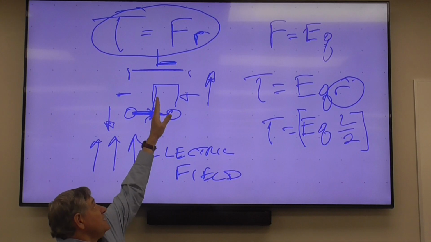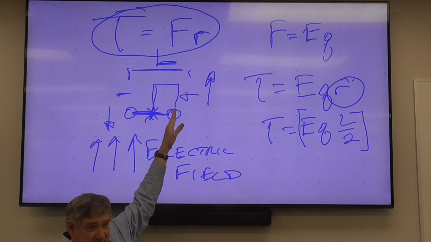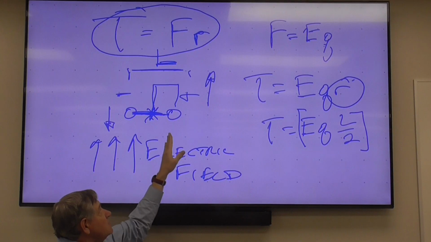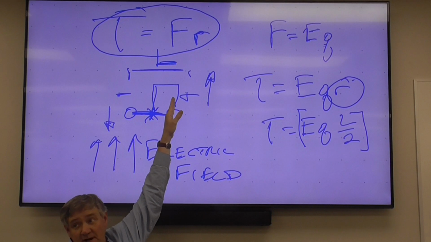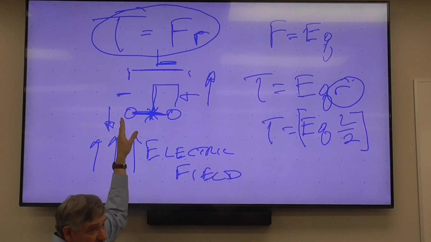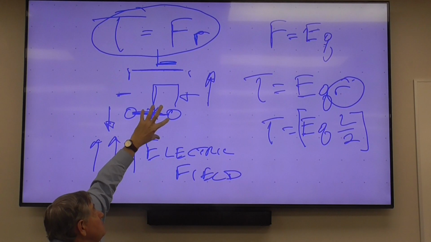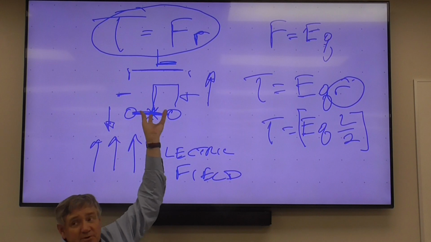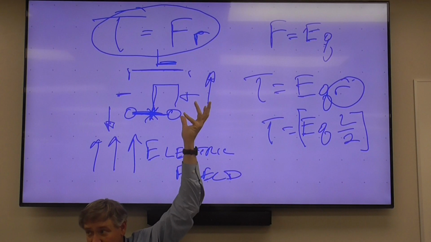So this L/2 is going to be this distance. So that's going to feel pushed up, right? This is going to feel pulled down. So both of these are going to contribute to that torque.